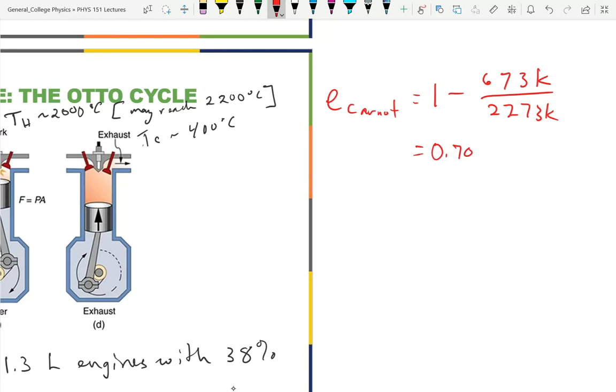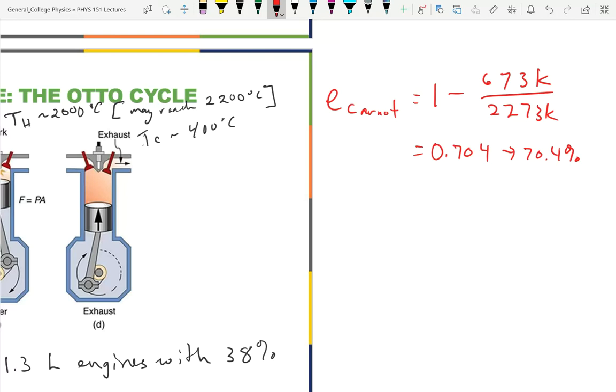Okay, 0.7039. So I'm going to put 0.704. So 70.4% would be the best possible efficiency you could get burning gasoline with the typical exhaust temperature.